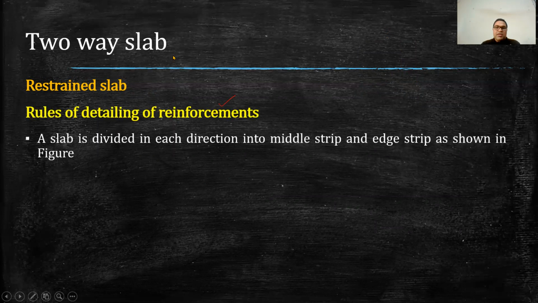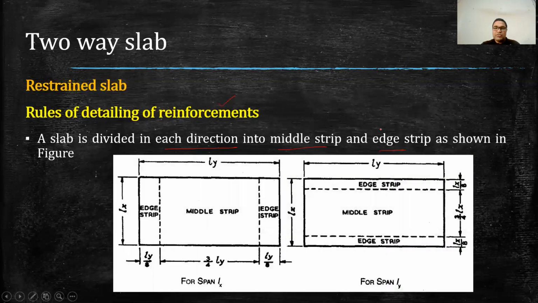Now, again referring to the D1 clause, it is written that a slab is divided in each direction into a middle strip and an edge strip. How it is divided is shown in this figure.